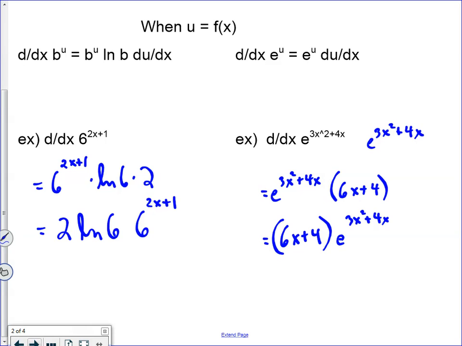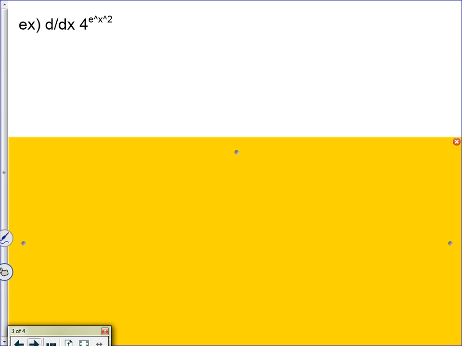If I'm going too fast, go ahead and hit the pause button. Here's the next one. This is 4 to the e to the x squared. It looks crazy, and yeah, it kind of does. But let's do this. You start off by doing what you see, times the ln of 4, that's the base.